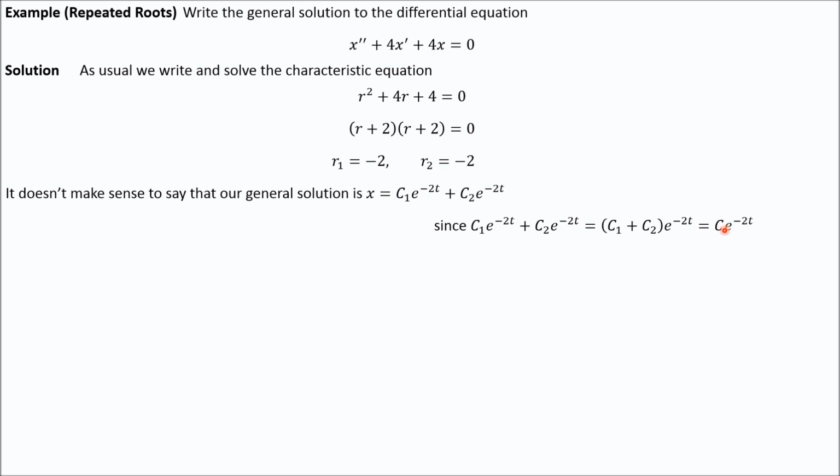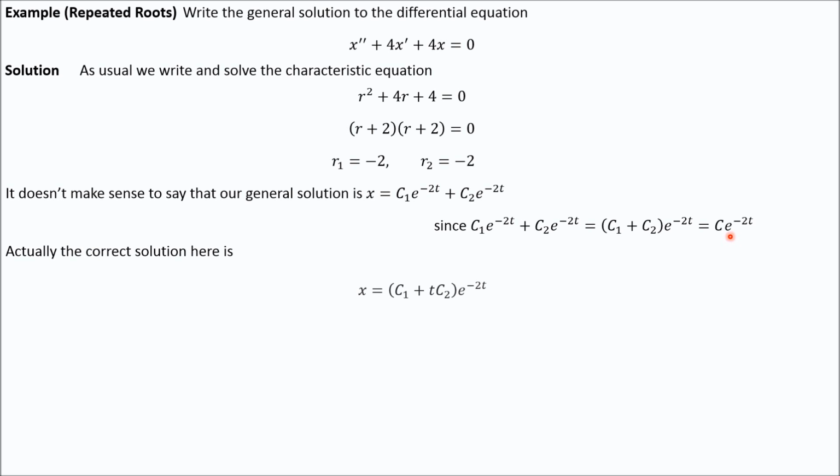You haven't really found 2 different solutions, and we really want 2 different solutions because we ought to be able to deal with 2 initial values. So you should not be content with this solution. We need more. We're greedy. We need two independent solutions.